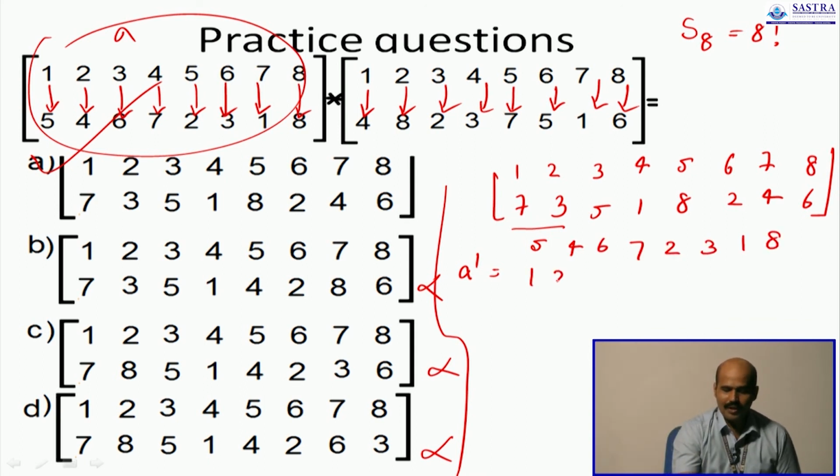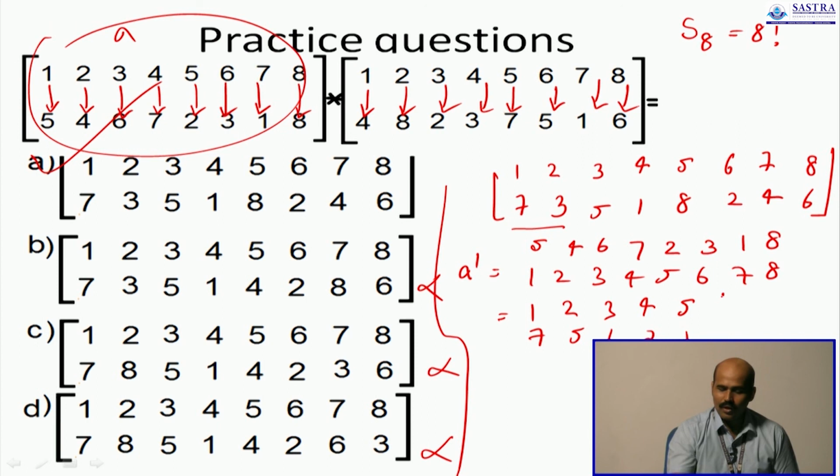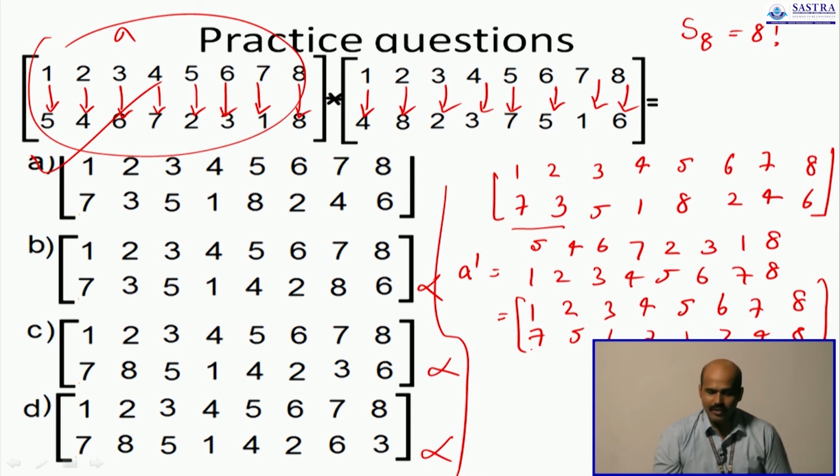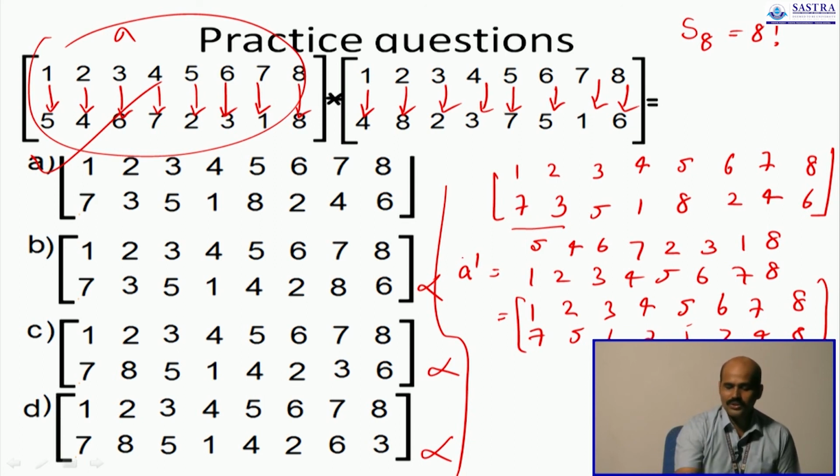Let us write down what we have: 1 2 3 4 5 6 7 8, and let us just write them in the usual sequence: 1 2 3 4 5 6 7 8 below 5 4 6 7 2 3 1 8, flipped to give 7 5 6 2 1 3 4 8. This will be the required inverse: 1 to 5 and 5 to 1, 2 to 4 and 4 to 2, 3 to 6 and 6 to 3, 4 to 7 and 7 to 4, 5 to 2 to 5, 6 to 3 to 6, 7 to 1 to 7, 8 to 8 to 8. So this is the inverse.